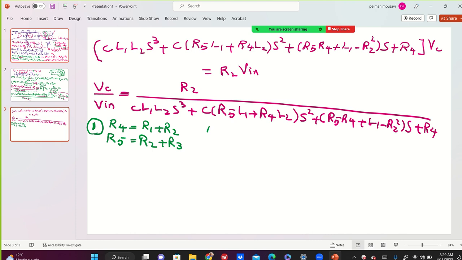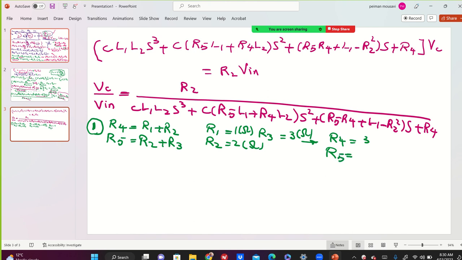So now let us say R1 I select as 1, R2 as 2, and R3 as 3. By saying that, in the first set of equations, your R4 is going to be 3 ohm. They are ohm. You know that in electric circuits the unit is ohm. And R4 is 3, so R5 is 5.